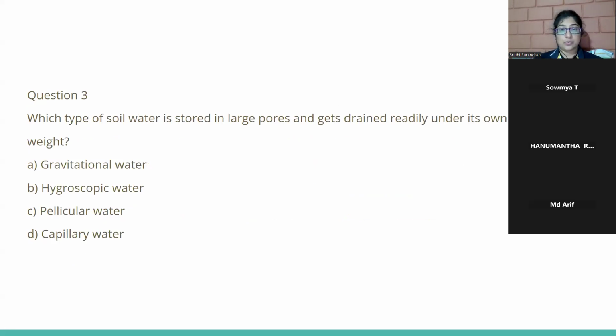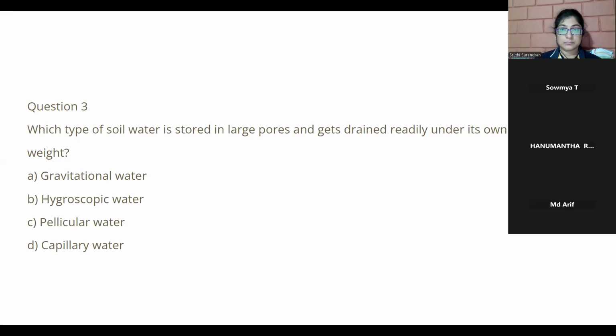What type of soil water is stored in large pores and can get drained easily under its own weight? Correct answer is gravitational water.